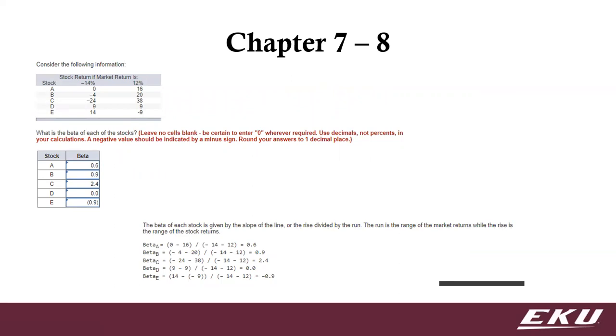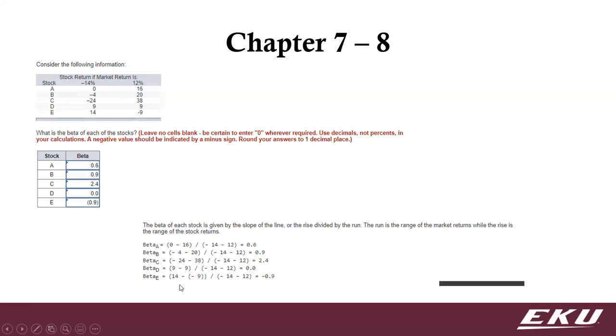Okay, so we have a stock market that has a return of negative 14 or 12, and then we're going to compare 5 different stocks, A through E, based on how they do over that same type of change. If you look down at the bottom, it says negative 14 minus 12, which is just the change in the stock market returns.